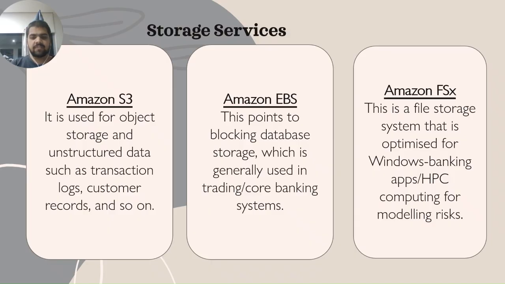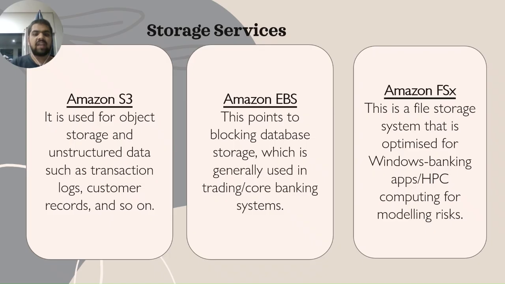Amazon FSx can be defined as a file storage system typically optimized for Windows banking apps or HPC computing for modeling risks, supporting Windows and Linux file systems, and integrating via Active Directory. So this explains the further features within the storage services.